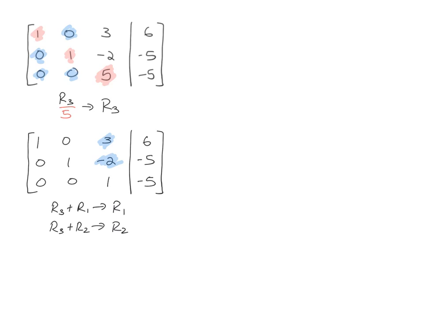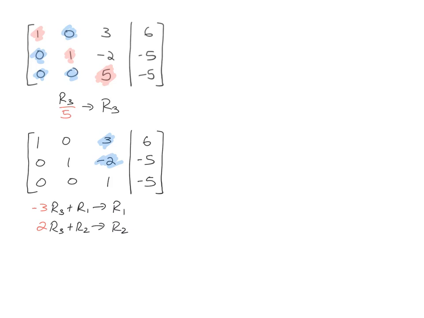Again, we have to figure out what we're multiplying by. When we try to get a 0 up here, we need the opposite of this number added to it, so we'll multiply row 3 by -3. And we will multiply row 3 by +2 when we add it to row 2.